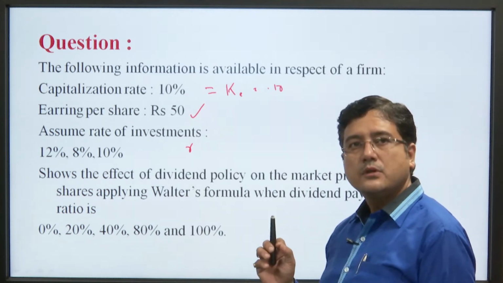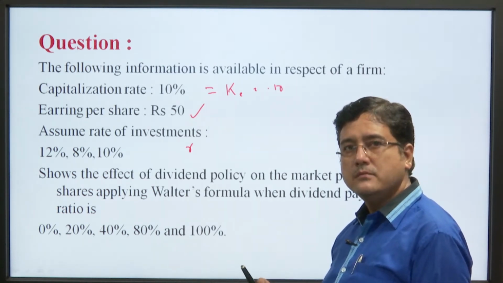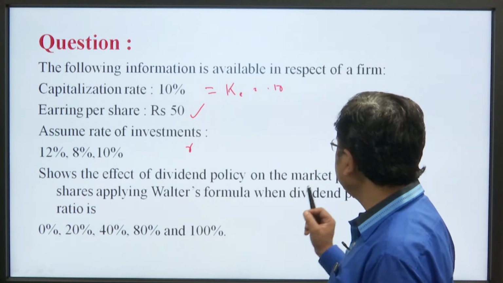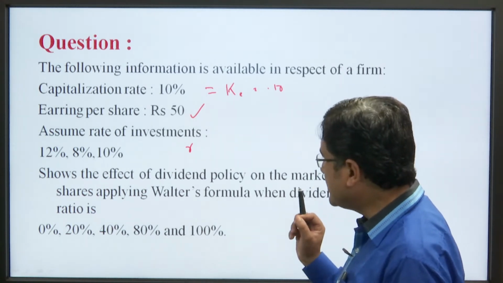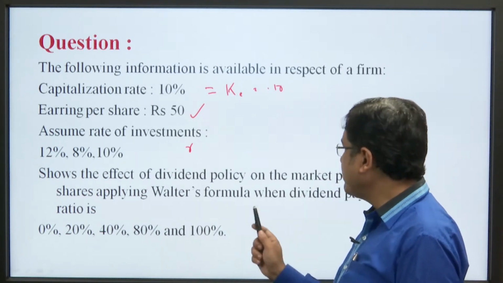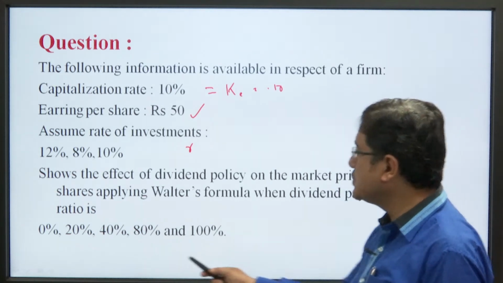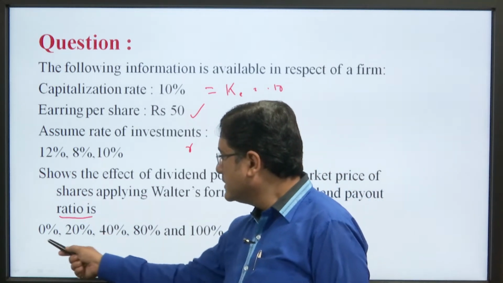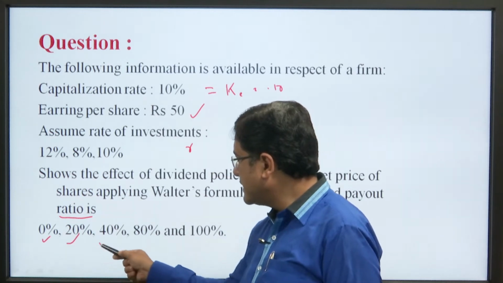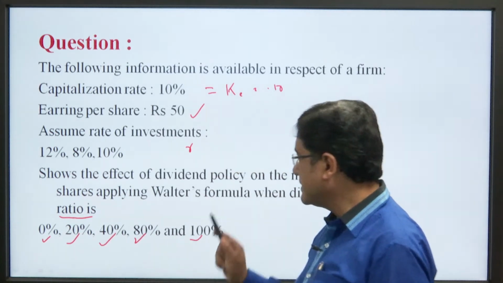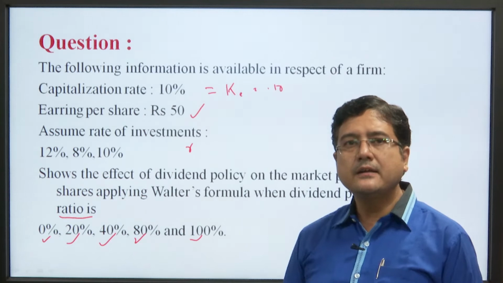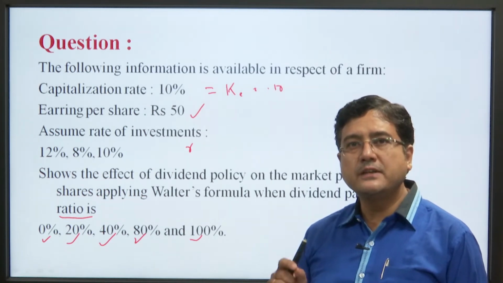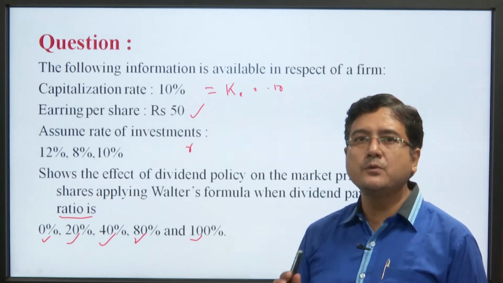Question is, show the effect of dividend policy on the market price of the share applying Walter formula when dividend payout ratio is 0, 20%, 40%, 80% and 100%. First make it clear that dividend payout ratio means how much dividend you pay.